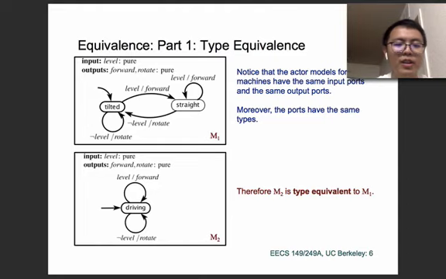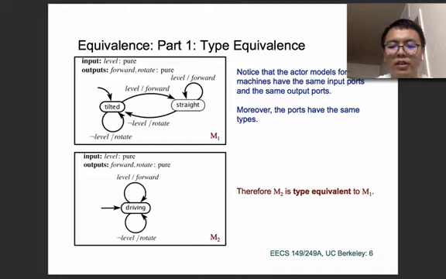The outputs forward and rotate are the same, and the input is pure, which means absent and present. The input data type is the same. So this is another notion of equivalence, which is named type equivalence.